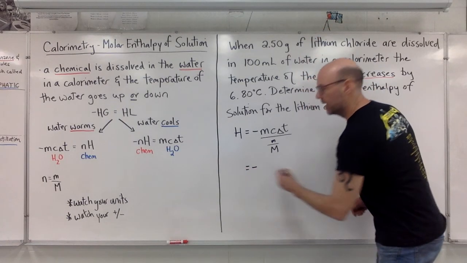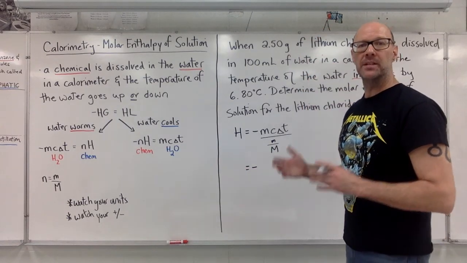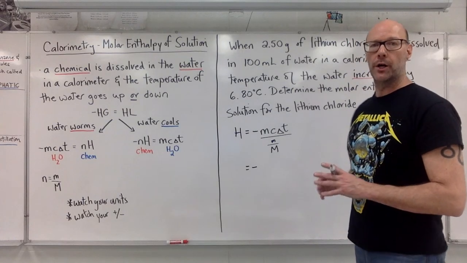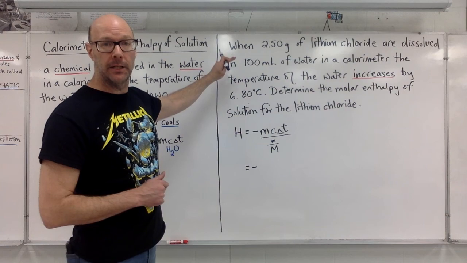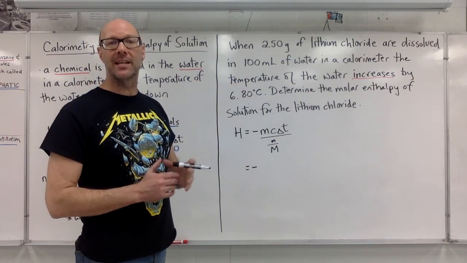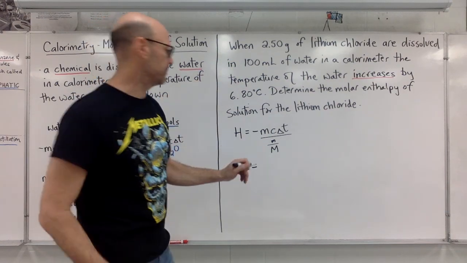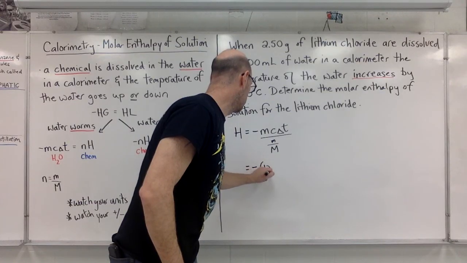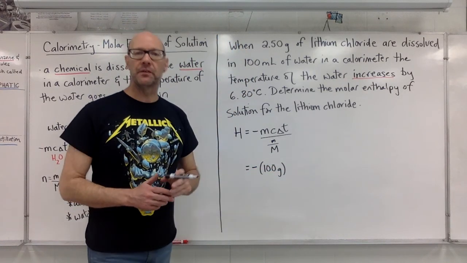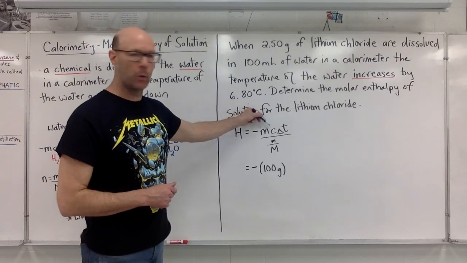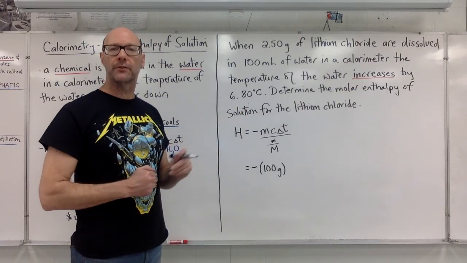We have that big negative. This m is the mass of the water. And we had 100 milliliters, and 100 milliliters is 100 grams. The specific heat capacity of the water, the lowercase c, you might know it off the top of your head.